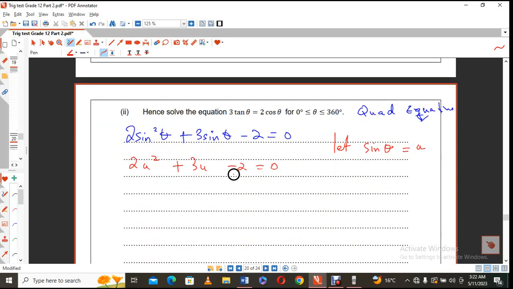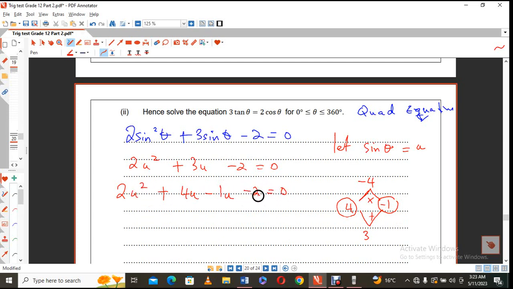Two numbers multiply give you a negative 4, and if you add them, these numbers should give you positive 3. So it has to be 4 and 1, with the negative being on the 1. So that's 2u squared plus, this is now going to be split. This one here would be 4u, the 4 coming from here, minus 1u, the negative 1 coming from here, minus 2.